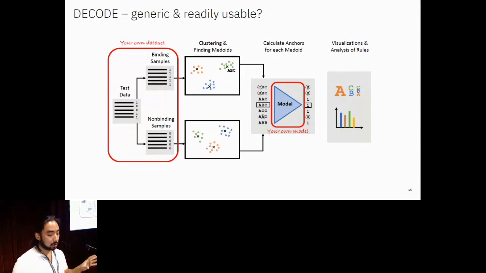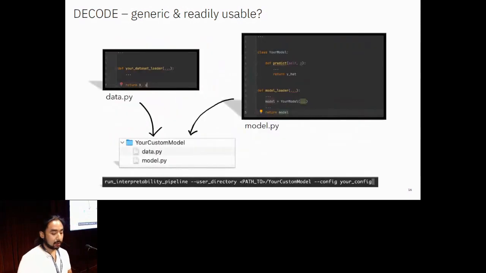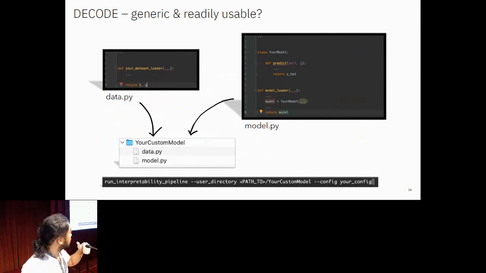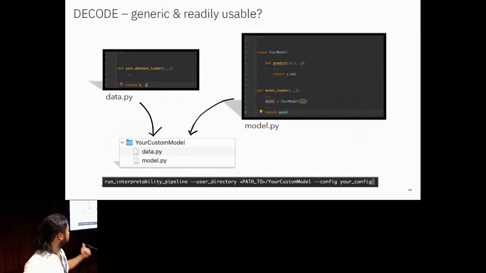So the two core things that you can do here are define your own model and your own dataset. And this can be done in a relatively easy way, I would say. You just need to define your model in a model.py file, your dataset in a data file, and then put them in the same folder. And then you run the command line for running the pipeline, right?